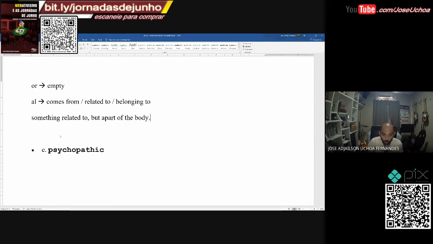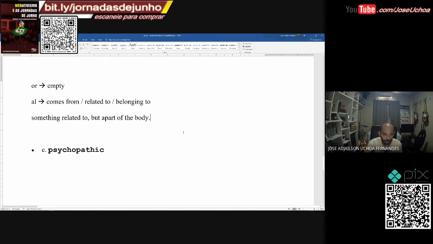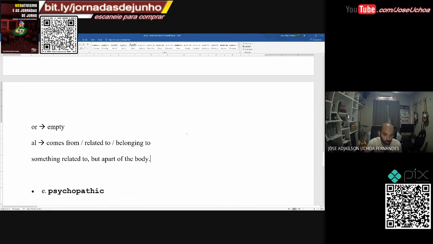Examples of extracorporeal devices or instruments: earrings, necklaces, everything that does not belong to the body, or extracorporeal machines like the superhuman devices that we have created, like the airplane. We cannot fly, but we created extracorporeal devices that enable us to fly. Okay, so this would be the result.